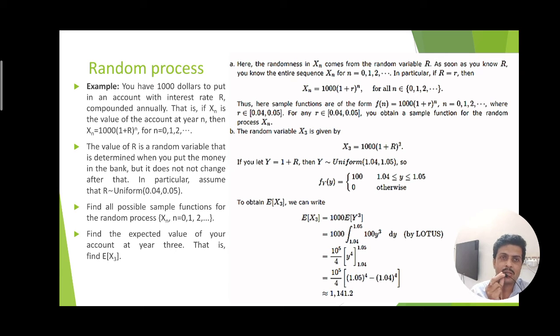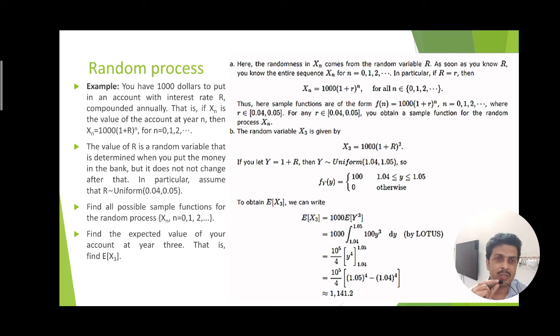If you proceed towards the solution, you can find the equation of x3 as 1000 times (1 plus r) to the power 3. So 1 plus r is again a random variable, which is defined by y. So it is assumed that y is equal to 1 plus r. Therefore, the probability density function of y can be written as 100 for 1.04 less than or equal to y less than or equal to 1.05, and 0 otherwise.